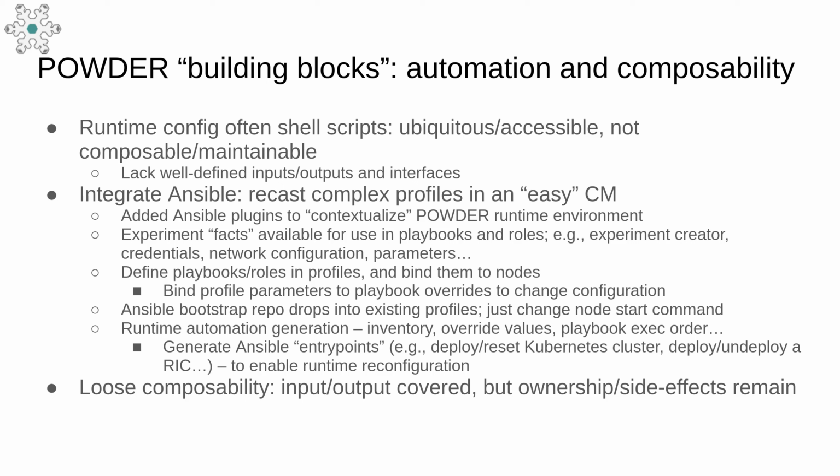There's some amount of input and output definition here, but of course when you're composing multiple playbooks and roles, there's always questions of who owns what resource on the system. And so there's always an amount of test coordination, so composability isn't just a given. There's testing and care that must be taken to make sure that overlap does not break things.